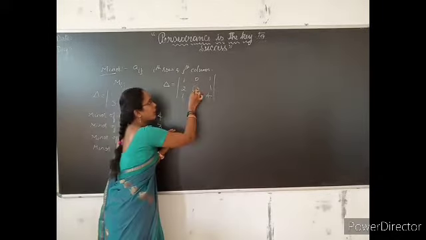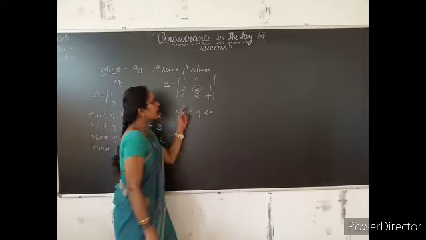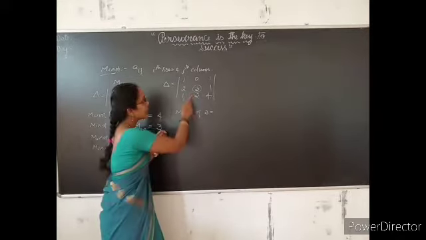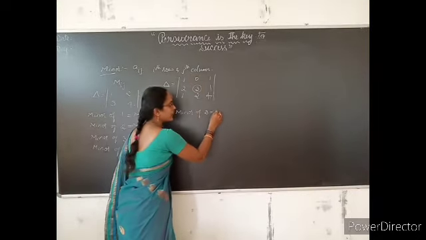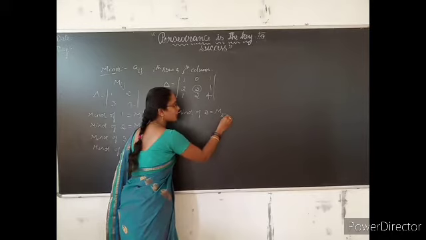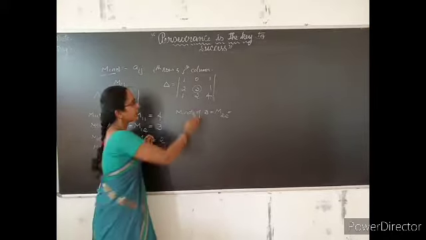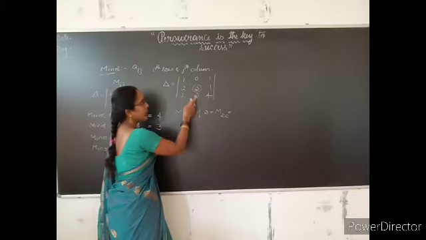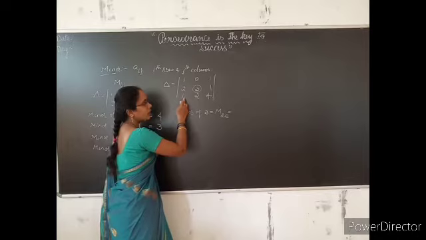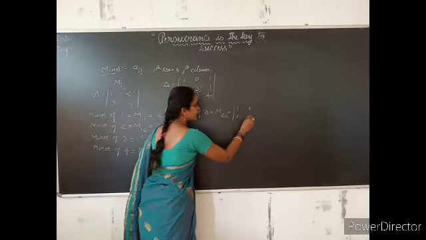Note that this element 3 lies in the second row, second column. Therefore we denote this by M22. So M22 is obtained by deleting the second row and second column. You will get the determinant 1, 1, 1, 4.